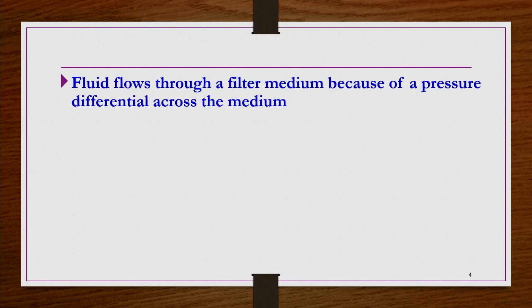Though in such cases the rate of filtrate may not be sufficiently large. So basically, whether you apply external force or not, the filtration is taking place because of the pressure difference that is developed across the filter medium, right.